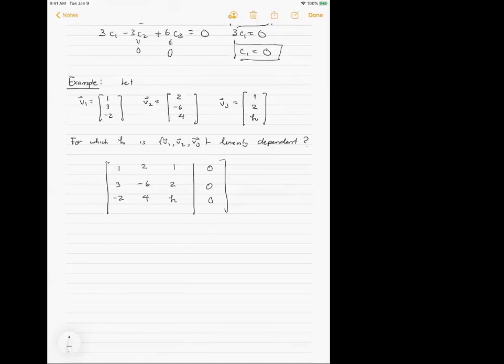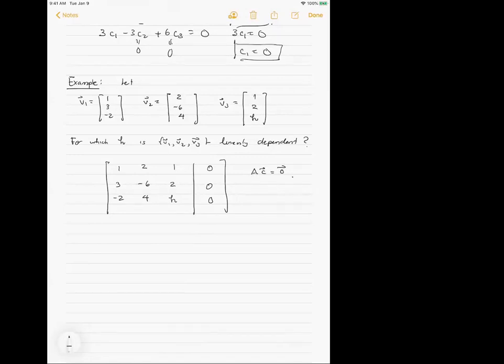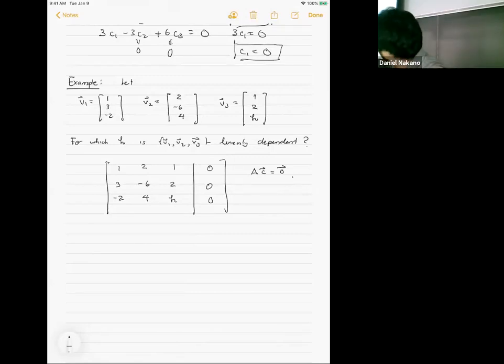So again, this represents Ac being 0. We're looking at the homogeneous system. We're going to try to see whether c is actually 0. Okay, so let's run Gaussian elimination.